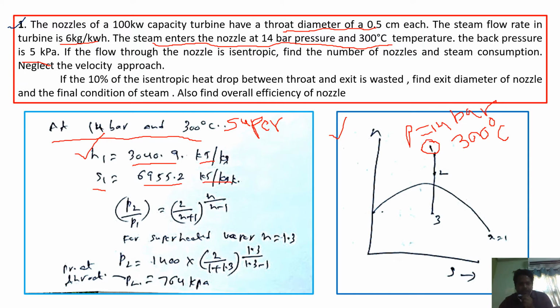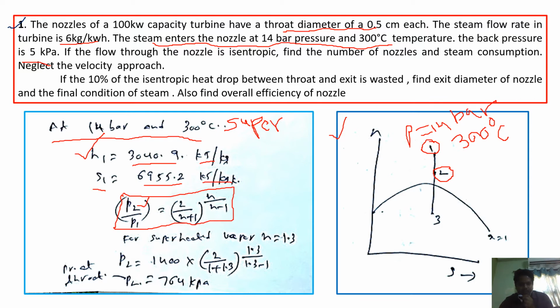As we know, the equation for pressure ratio, this equation we already derived. The equation is P2 by P1 equals (2 by n plus 1) to the power n by n minus 1. Here P2 is the pressure at throat, the point 2 at throat. So from this equation we can find only pressure at throat.